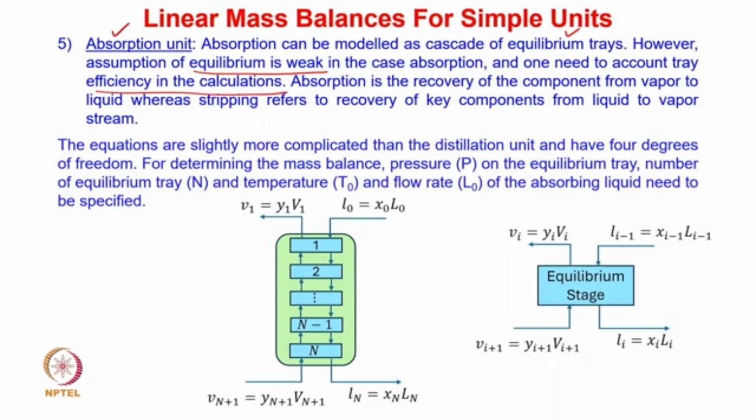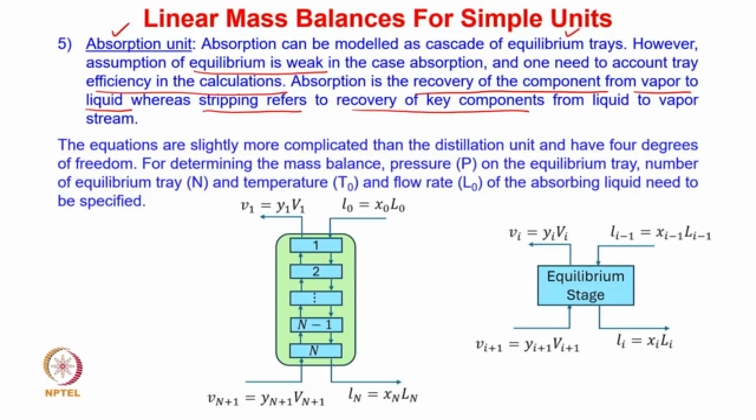But for better calculations one has to account the stage efficiency or tray efficiency here. So absorption is the recovery of the key component from the vapor to liquid, and reverse of that is called stripping, where recovery of the key component is from liquid to vapor. Okay, so both absorption as well as stripping we are going to look at.